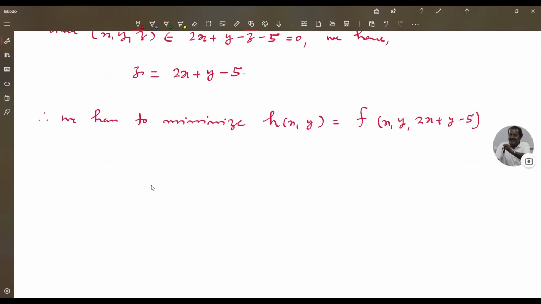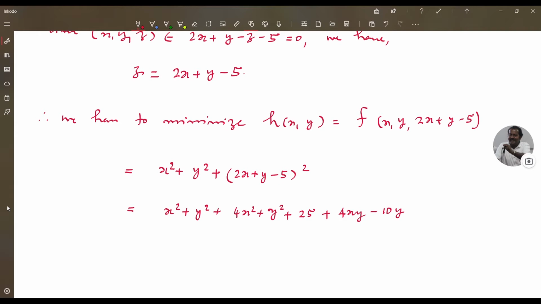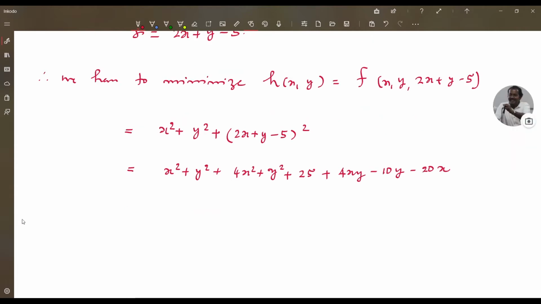So that is equal to x square plus y square plus (2x plus y minus 5) the whole square. So this is equal to x square plus y square plus 4x square plus y square plus 25 plus 4xy minus 10y minus 20x. So this is equal to 5x square plus 2y square plus 4xy minus 10y minus 20x plus 25.